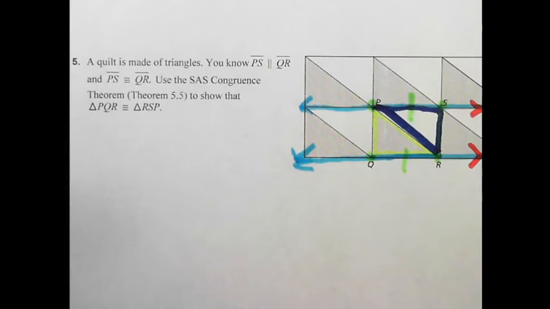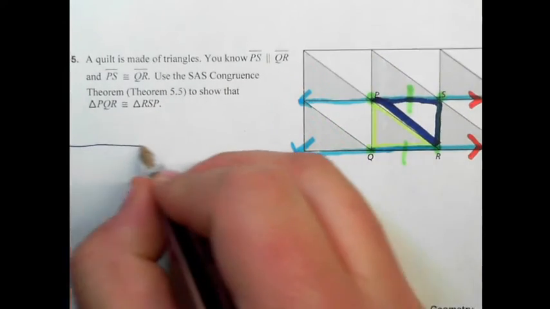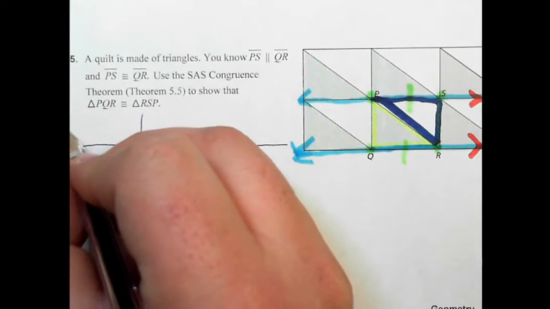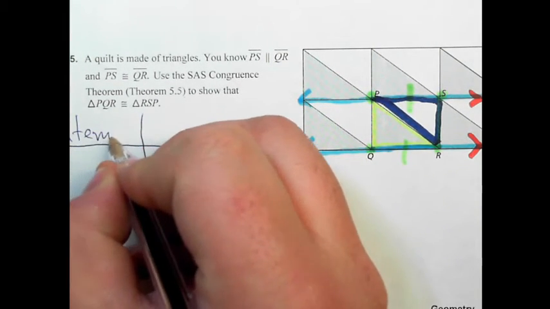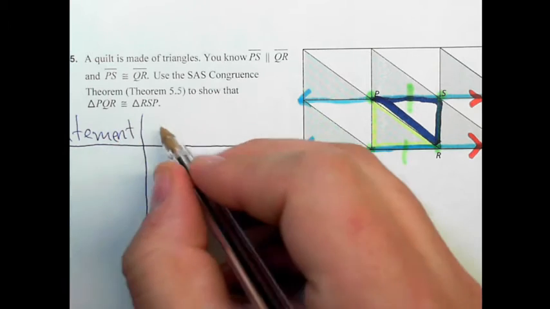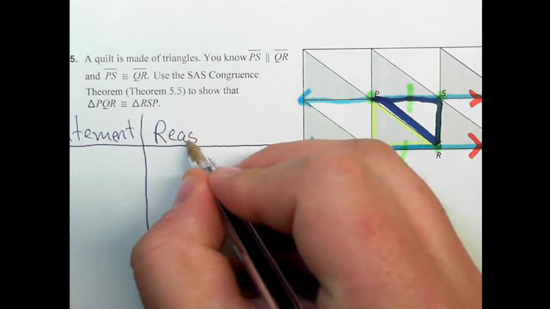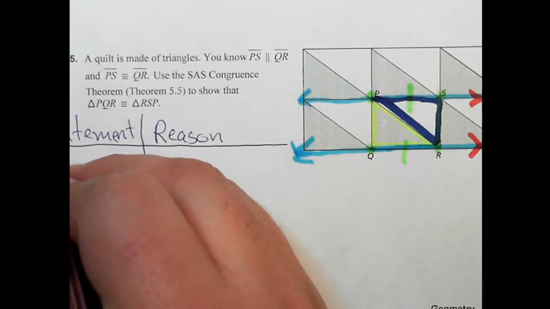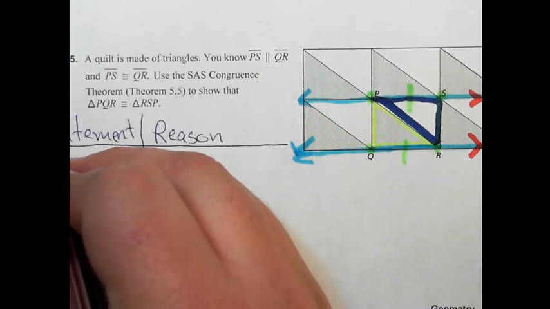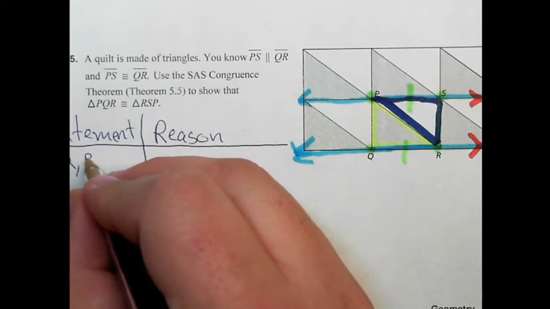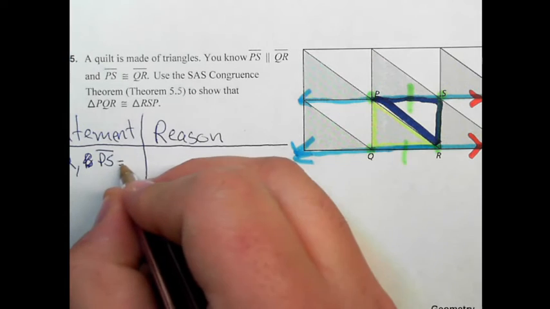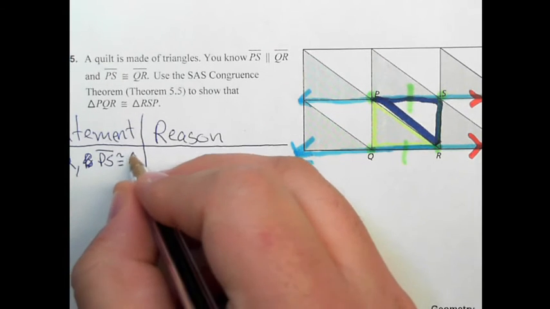So now I'm going to start with my statement and then my reasons. We always start with what's given. So we are told that PS is parallel to QR and that PS is congruent to QR.